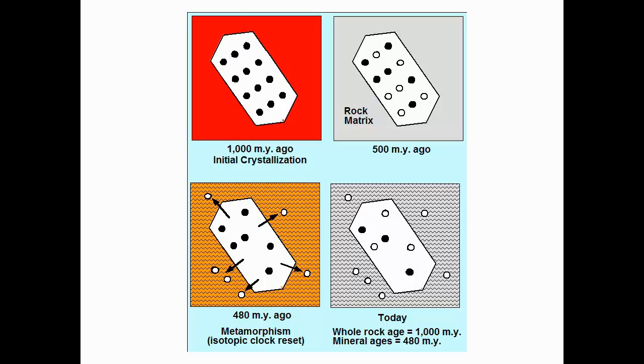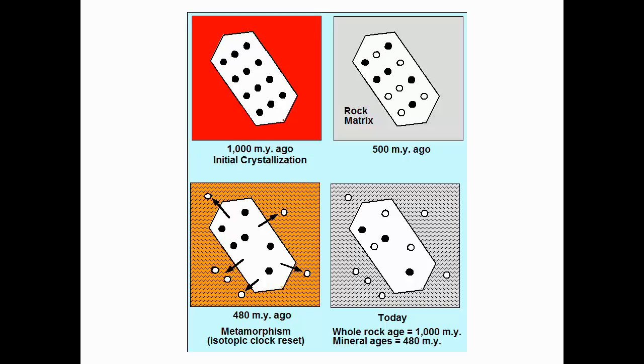Now, if we were to remove this mineral and measure the parent-daughter ratio, what age would we get from that mineral? What would be the mineral age? Yeah, the mineral would give the age of the last metamorphic event.